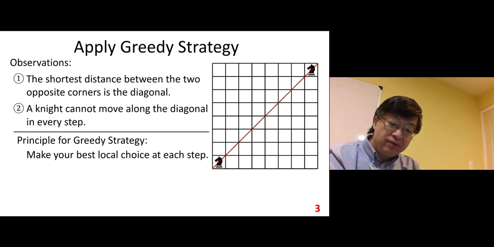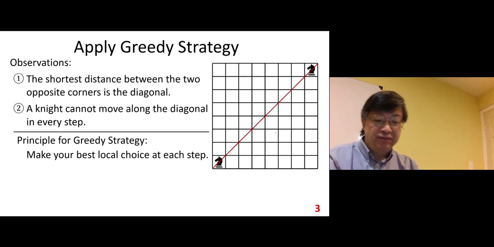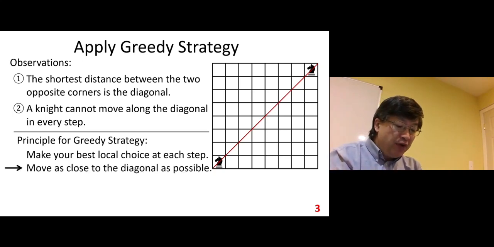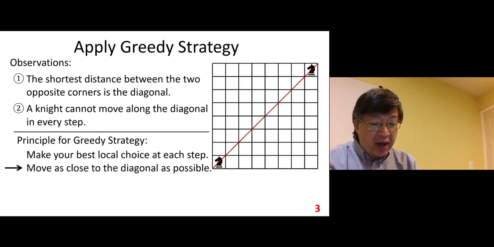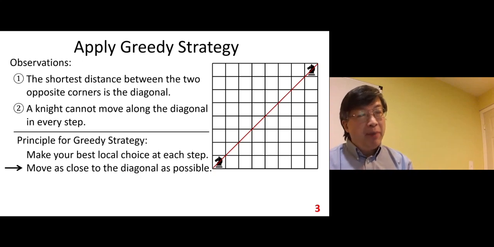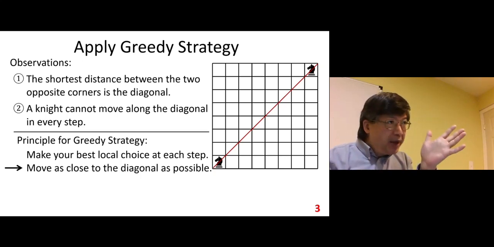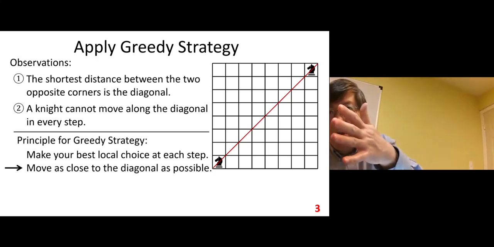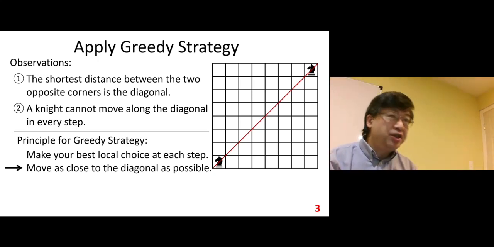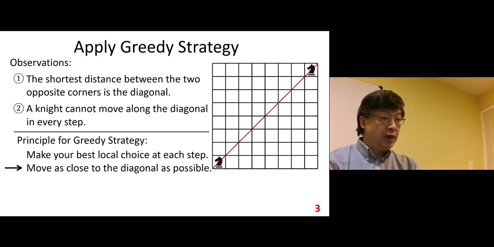When you have freedom to make choices, here we have many different choices, so move as close to the diagonal as possible. That's our greedy strategy. Although we cannot precisely move along the diagonal, can we make it the closest possible around the diagonal? We can do that.